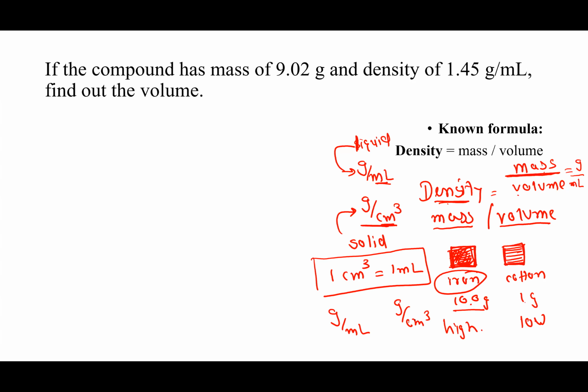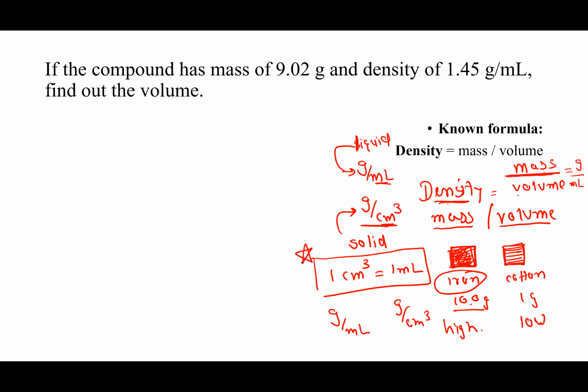Do you understand this? Yes, Professor. Great. So please remember this relation. Actually, I forgot to put that down in the first handout. So you can add this relation to the equality factors in the first handout. 1 centimeter cube is equal to 1 ml. It is going to be very helpful.